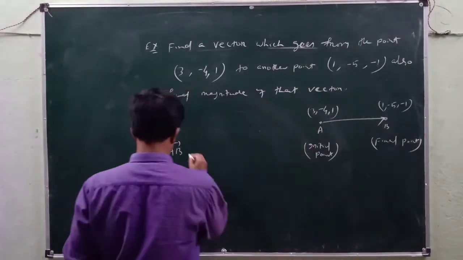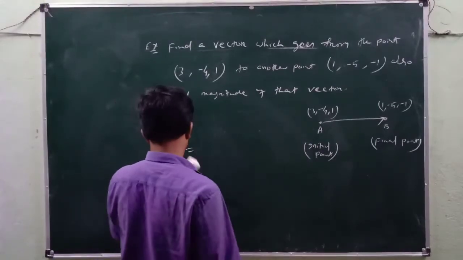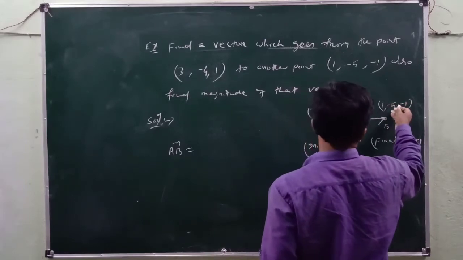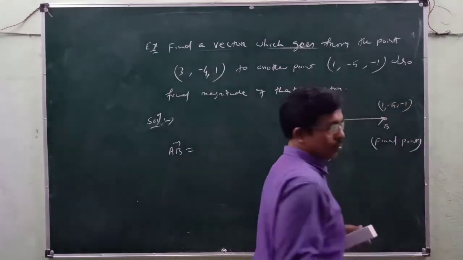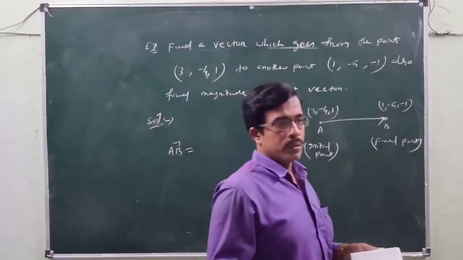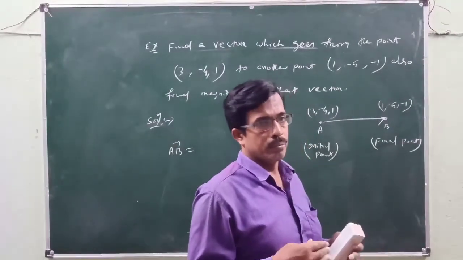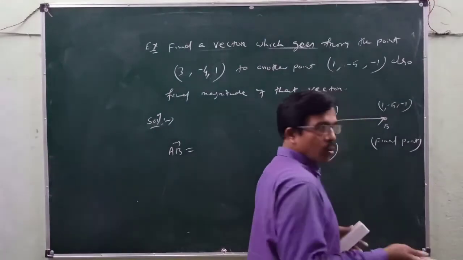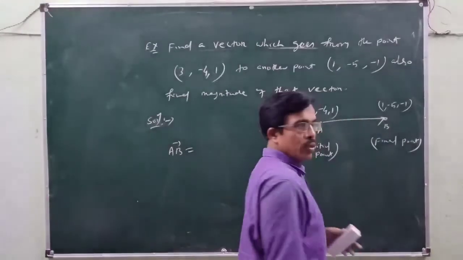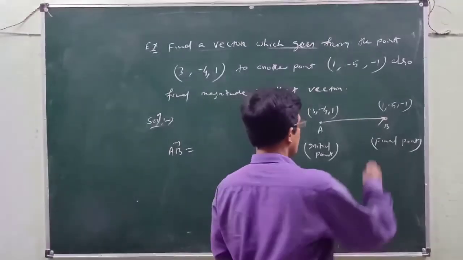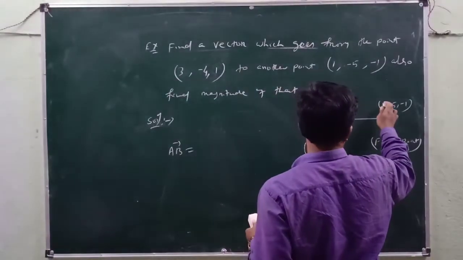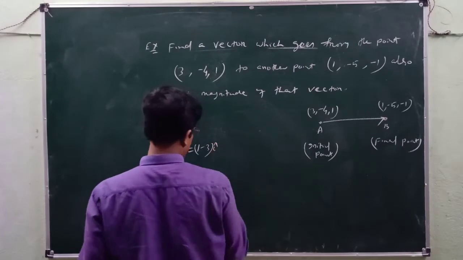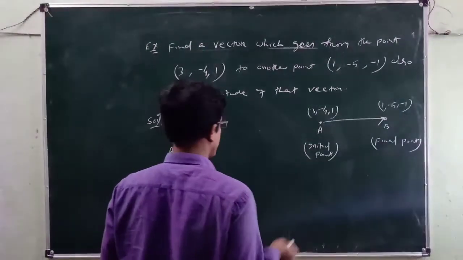So write vector AB. Now for finding vector AB, you apply the matrix method, subtracting row matrix from row matrix. So 1 minus 3, then write i cap because it goes in the x direction.